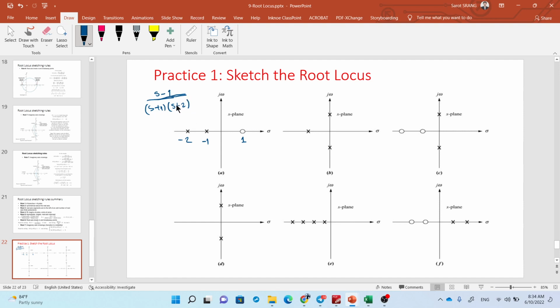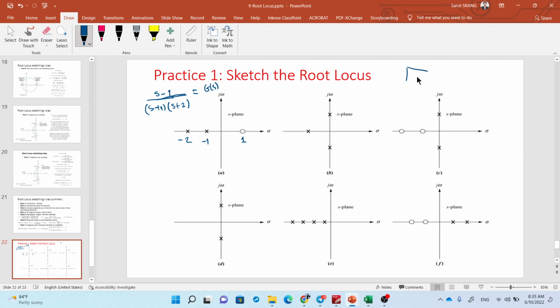Then if we use negative feedback control, we have the closed-loop transfer function. We have this transfer function, let's call it G(s).